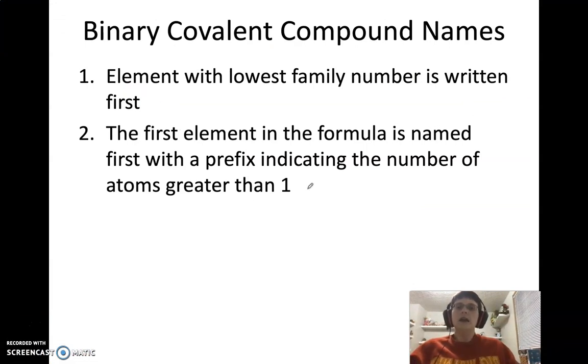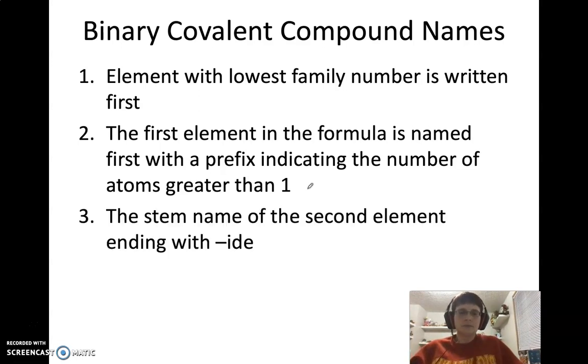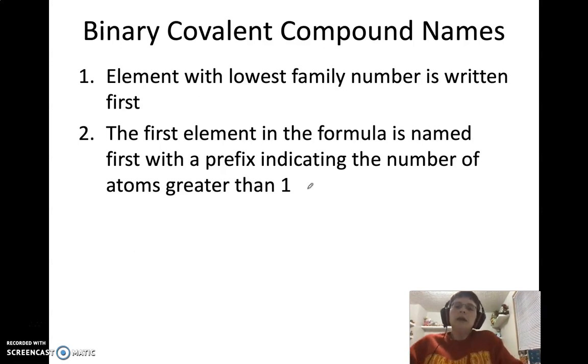Now, the first element in the formula is named first with a prefix indicating the number of atoms greater than 1. So what do I mean by this? Well, if you only have 1 atom of that element, say 1 carbon atom, then you're just going to say carbon.